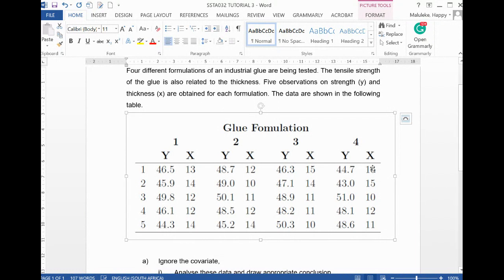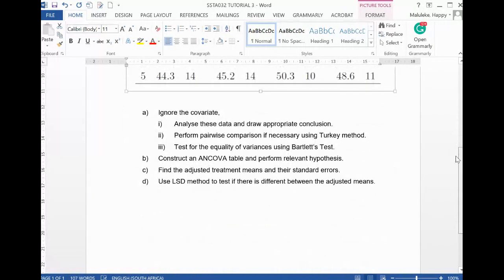Which means you're simply asked to find the ANCOVA table and test. That was the only thing that was asked. But I decided to create more questions to cover everything that we have done under this topic, this chapter, which is chapter 7.